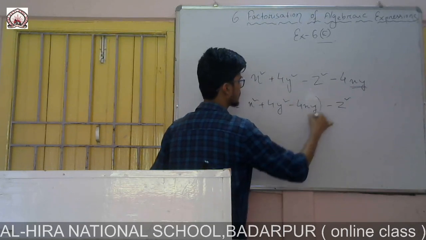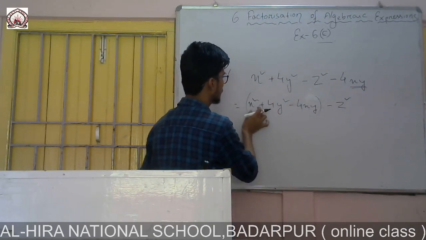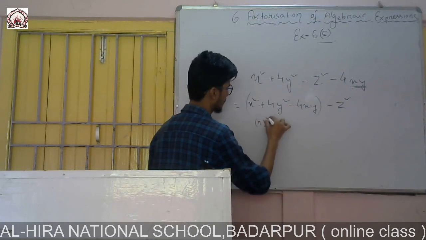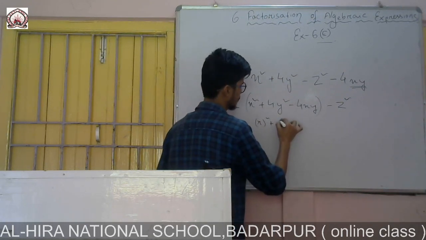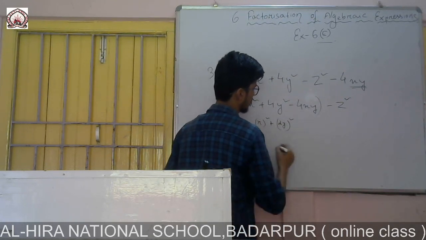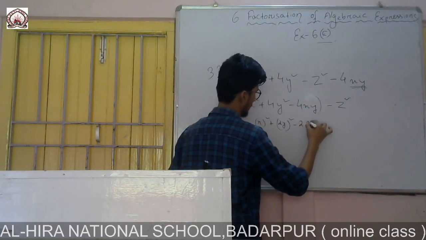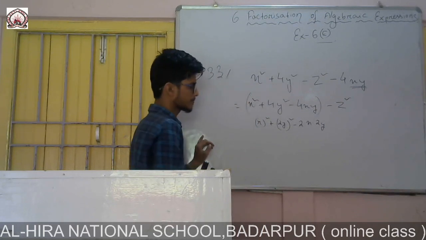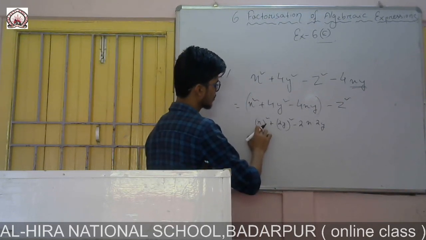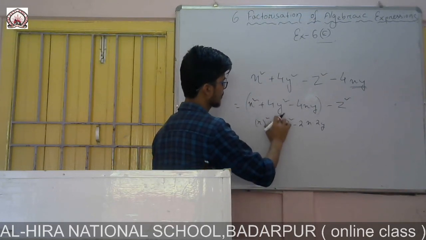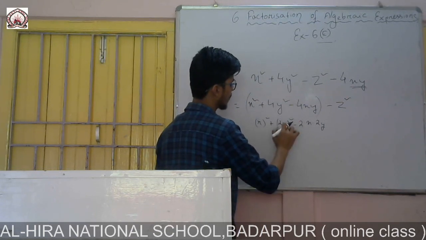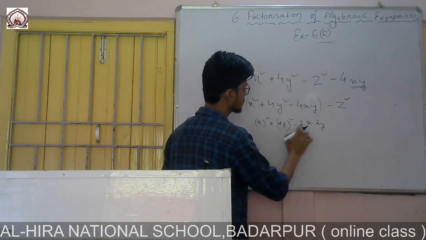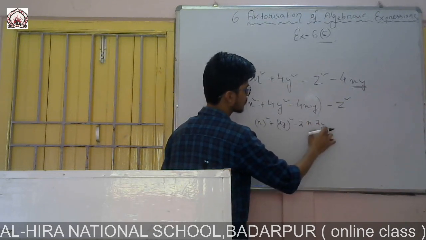You see this part is in the form a square plus b square minus 2ab. Here a square is x square, plus 2y whole square is 4y square, minus 2ab, this one is a, this one is b, 2 into 2 is 4xy.